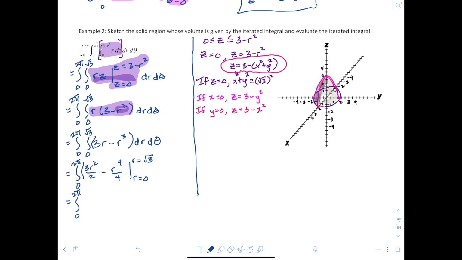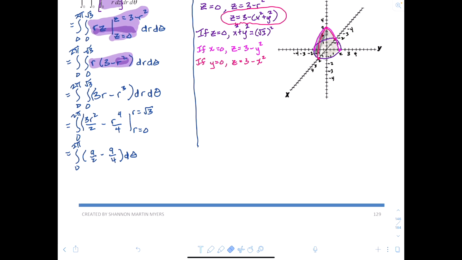Root 3 squared is going to be 3, so that will be 9/2 for the first one. And then root 3 to the 4th would be 9, so then minus 9/4. We still have our d theta left. Simplifying, we have the integral from 0 to 2 pi of 9/4 d theta.